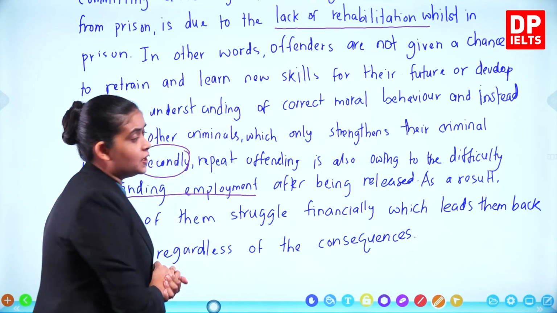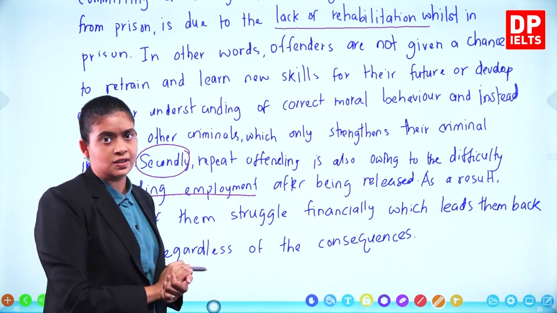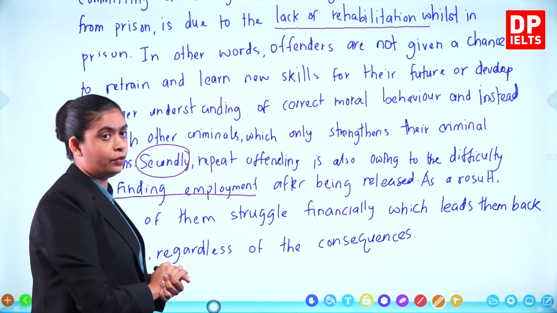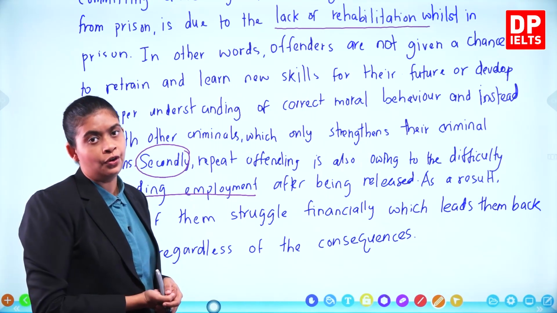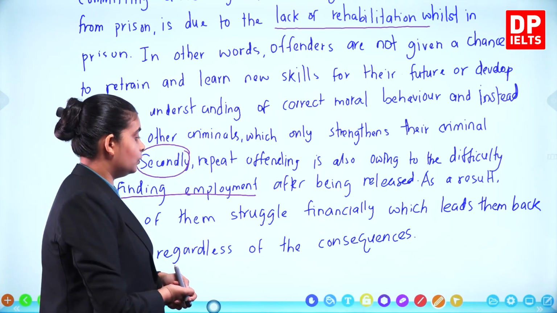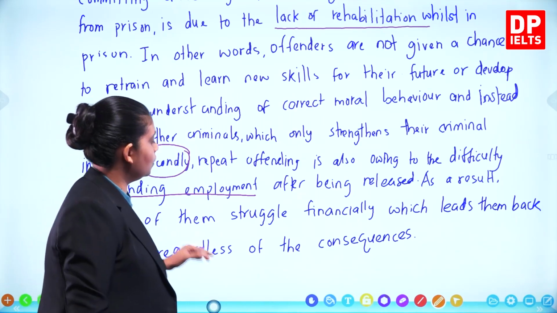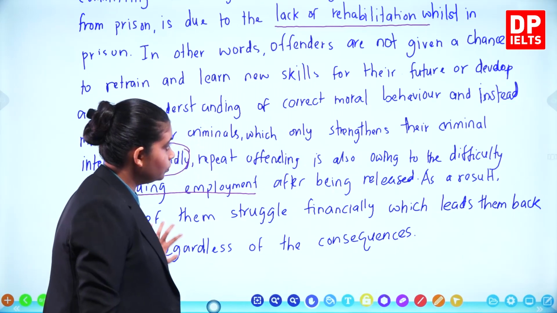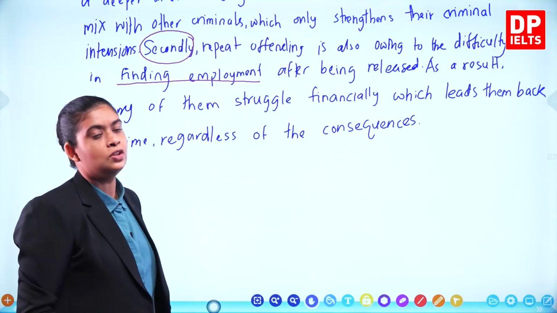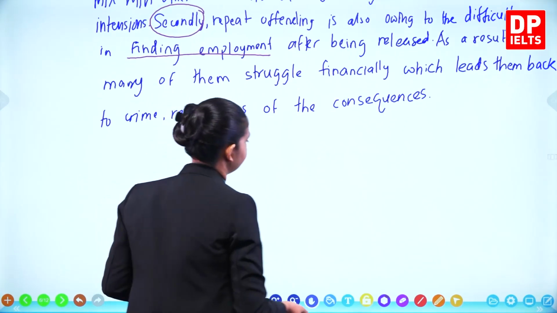Okay, so because of that, financially they are stressed, okay, they're not stable, and therefore that leads them back to doing another crime without thinking about the consequences. So we've spoken about the causes. Now we're going to talk about the solutions. All right.